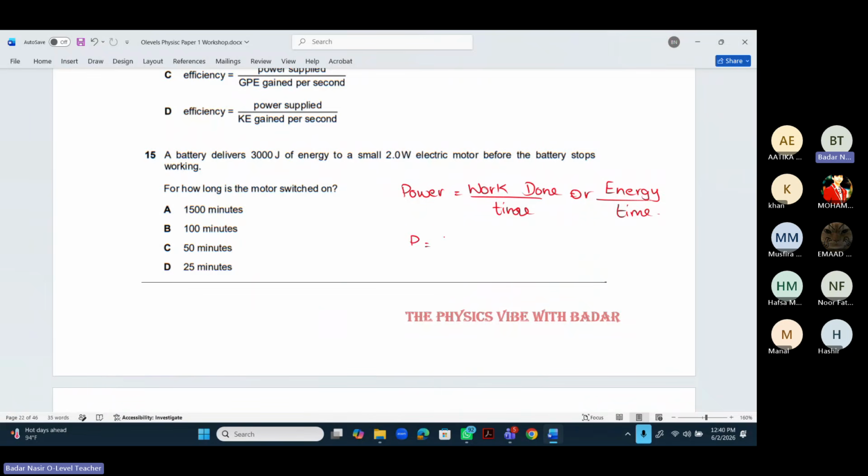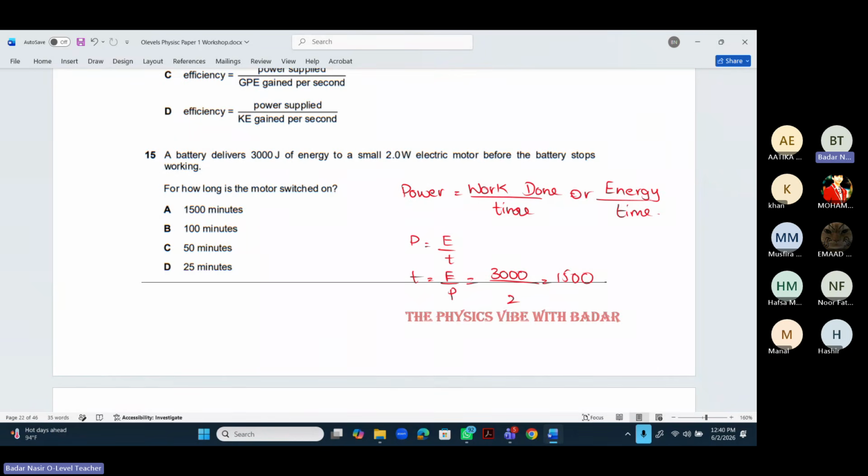Power is equal to energy over t, so t is equal to energy over power. In place of energy we put 3000 and in place of power we put 2. So that is 1500 seconds.